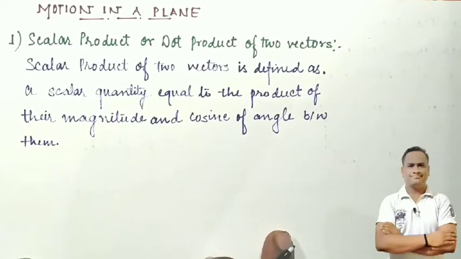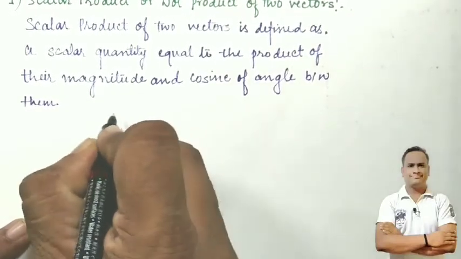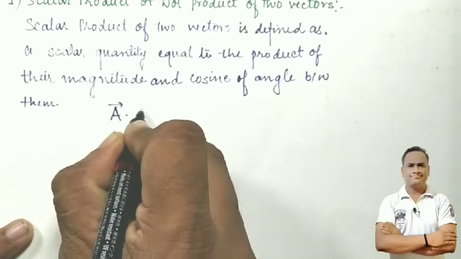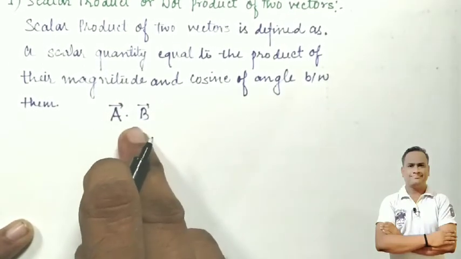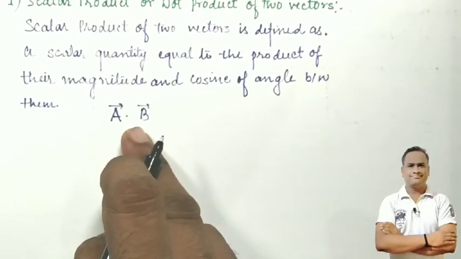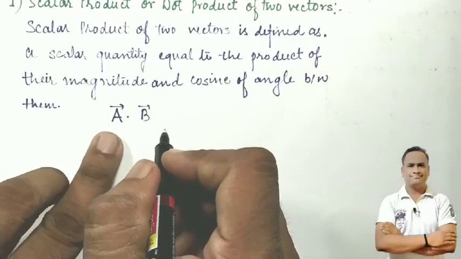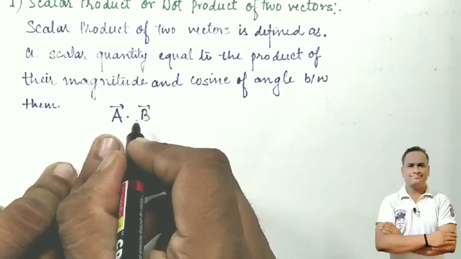So students, how will we carry out the product of the two vectors? Let us suppose we have two vectors, the first vector is vector A and the second vector is vector B, and we have to calculate their dot product, meaning scalar product. Whenever we say dot product, it means: what will be the answer if A is multiplied by B in a dot product or scalar product?